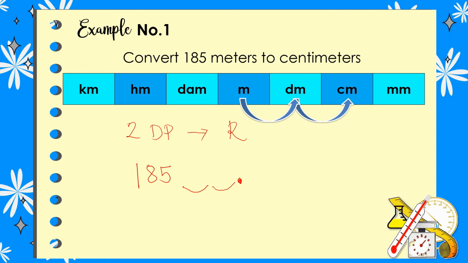And since wala namang digit dyan, lalagyan natin yan ng placeholder. Ang placeholder na gagamitin nyo lagi ay 0. So, ang sagot natin kapag kinonvert natin si 185 meters to centimeter, the answer is 18,500 centimeters.